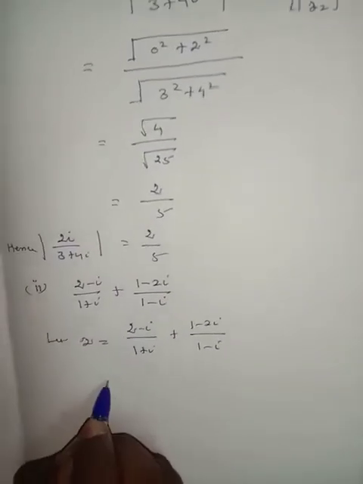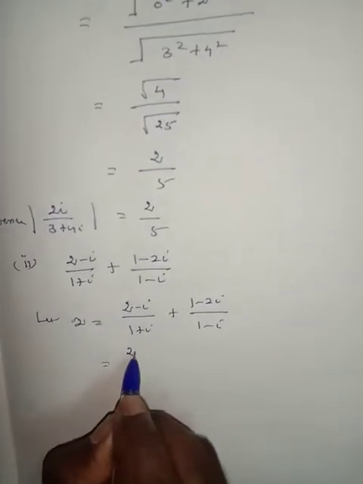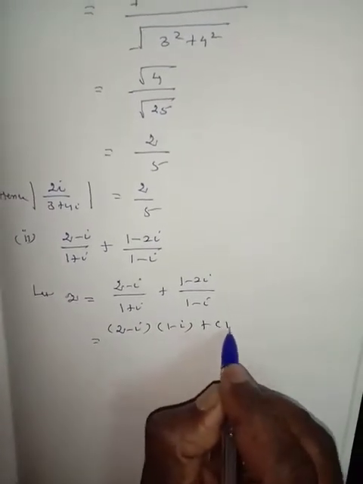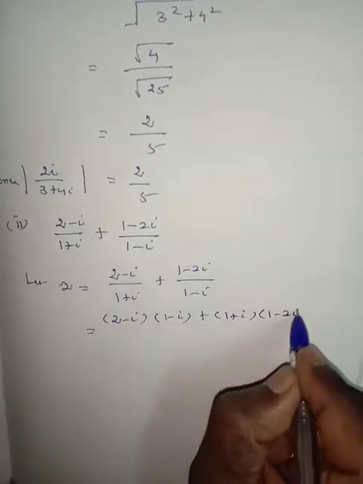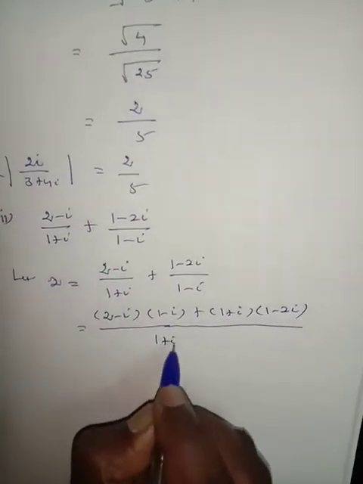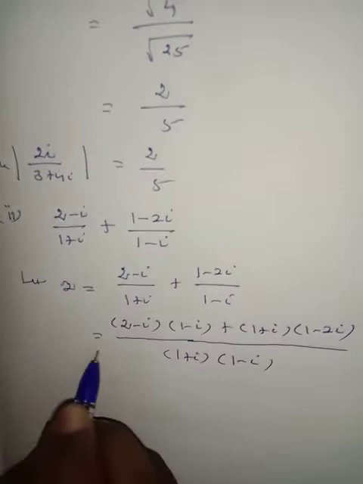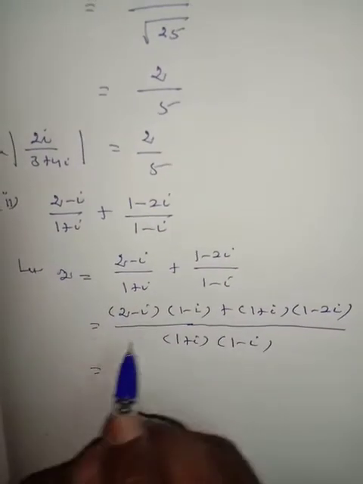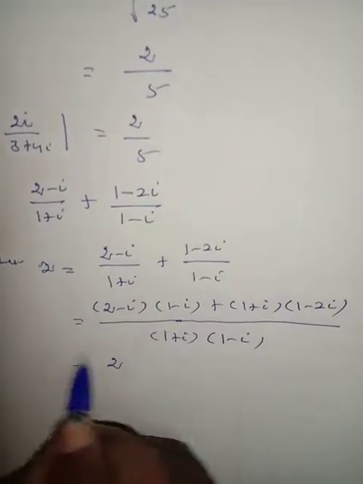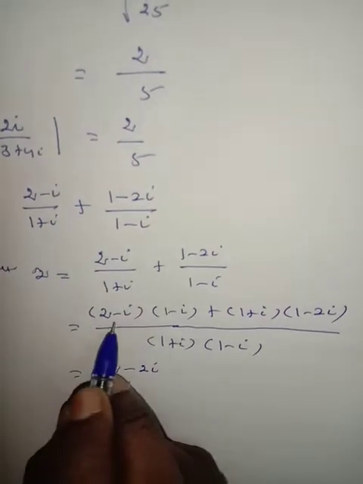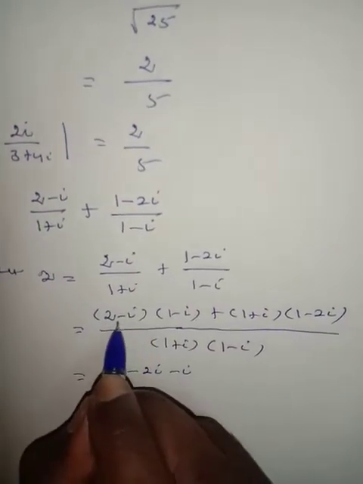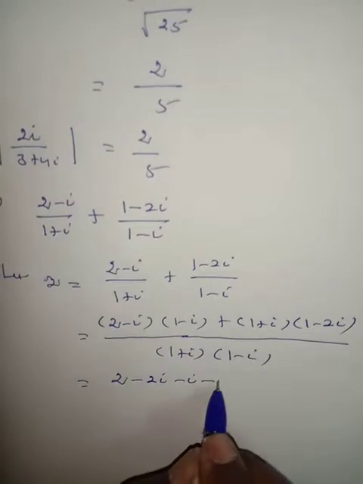Cross multiplication gives [(2 - i)(1 - i) + (1 + i)(1 - 2i)] divided by (1 + i)(1 - i). Multiply first and first: 2, first and second: minus 2i, second and first: minus i, second and second: minus times minus is positive, i squared is negative, so minus 1.